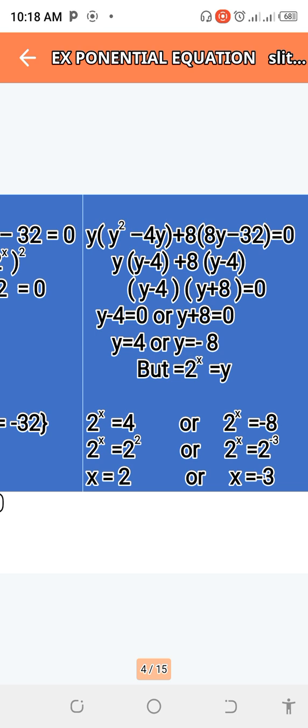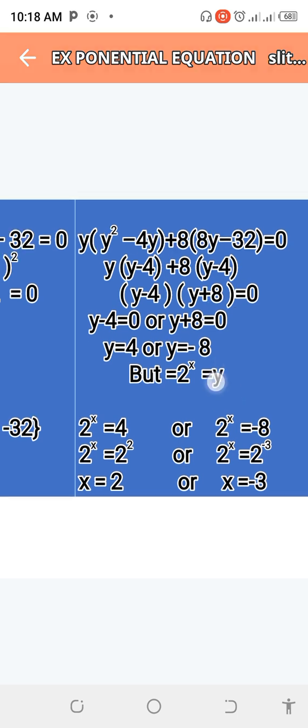But earlier, we said 2 exponent x is equal to y. So 2 exponent x is equal to 4, which is the same thing as 2 exponent 2. The base 2 cancels, and we are left with x is equal to 2. So x equals 2 is one of the values of x.